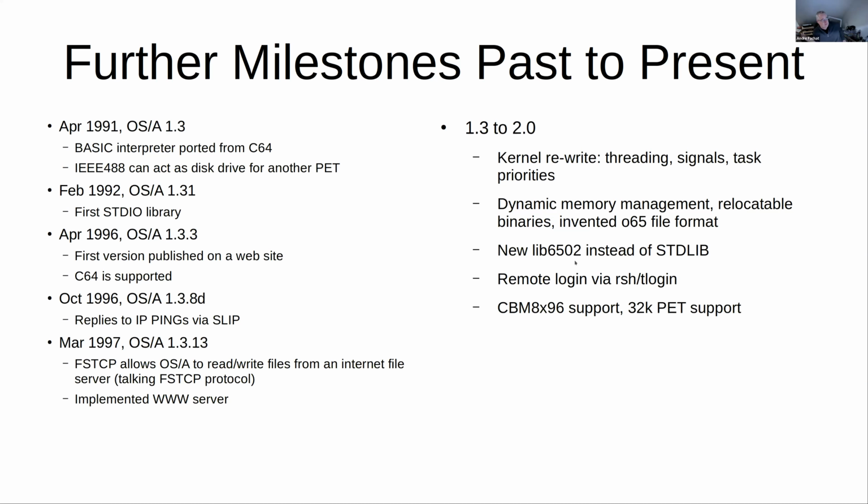And then going to version 2.0, I did a kernel rewrite. I implemented threading, and that means I have a complete hierarchy. I have the memory environment that can have multiple processes or tasks, and each task or process can have multiple threads. And this is all stacked, and every stack has its own thread.